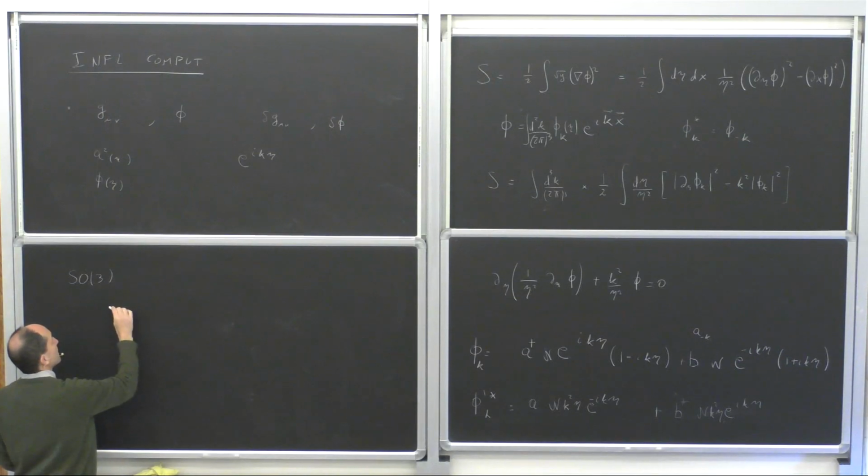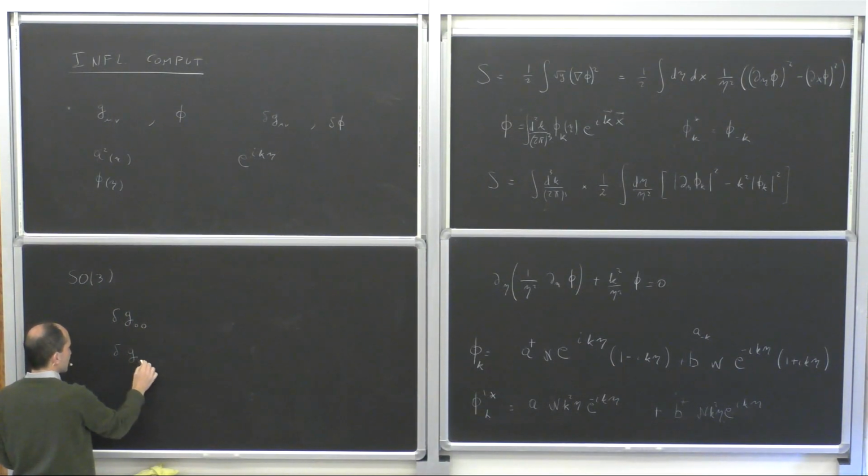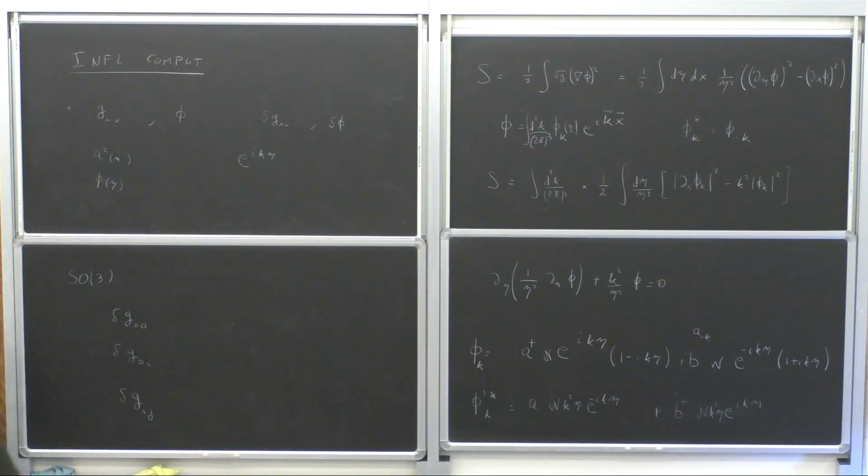So it's convenient to decompose delta g_mu nu: there is delta g_00, delta g_0i, and delta g_ij, the various components of the metric. And this can then be further decomposed into various modes.